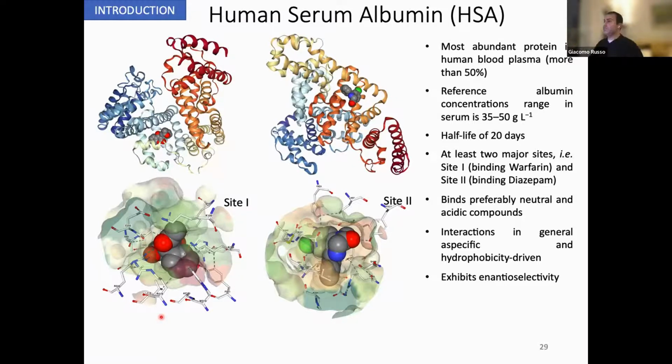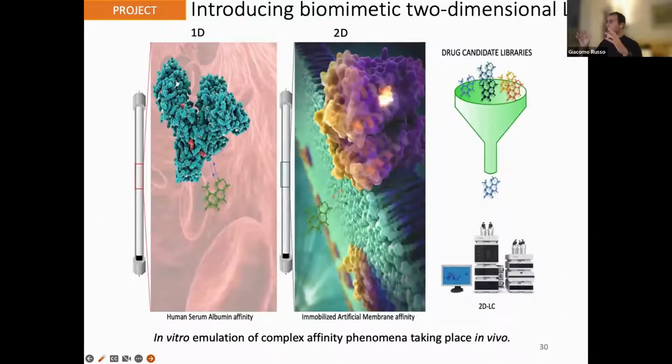For this reason, the human serum albumin can indeed provide some usefulness in the resolution of the racemates, specifically if those are acidic. And this, as I was emphasizing before, is massively involved in drug distribution. Okay, so we have that. We have absorption first and distribution later.